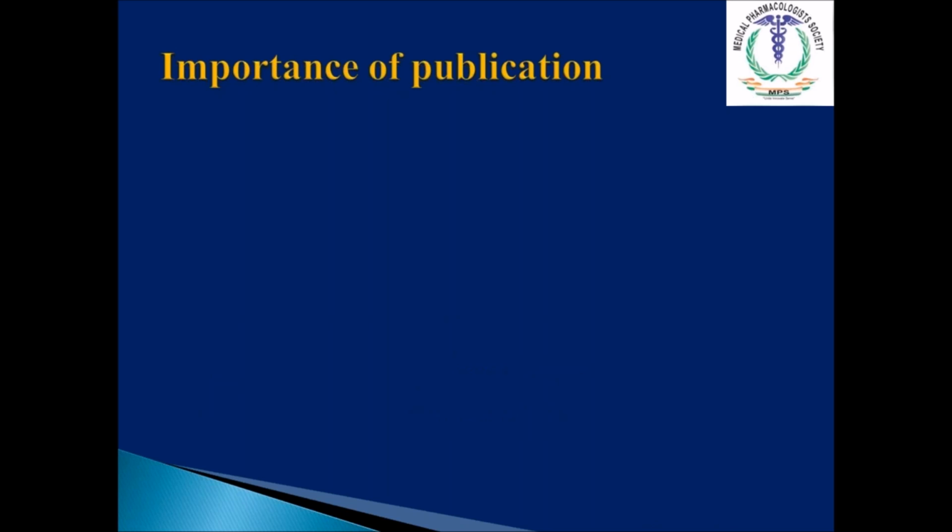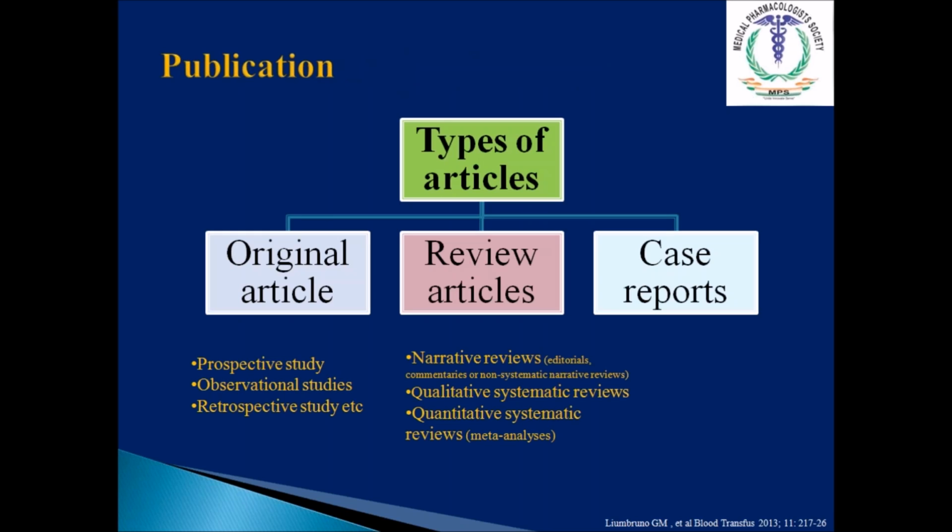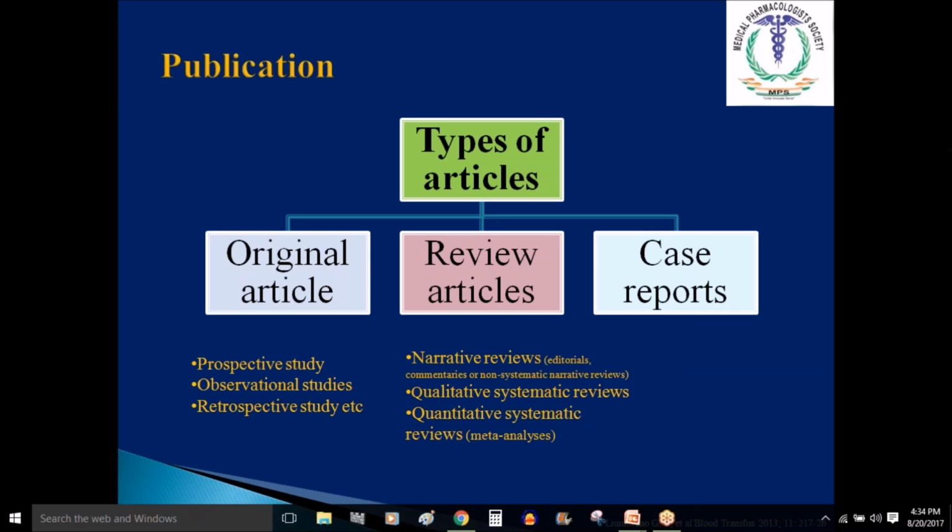Can you have the next slide, please? So broadly, the publications or the articles can be divided into 3 types. One is original article, second is review article, and the third is case reports. When we say original articles, usually under original article we publish prospective studies, retrospective studies, observational studies, or even in vitro studies.